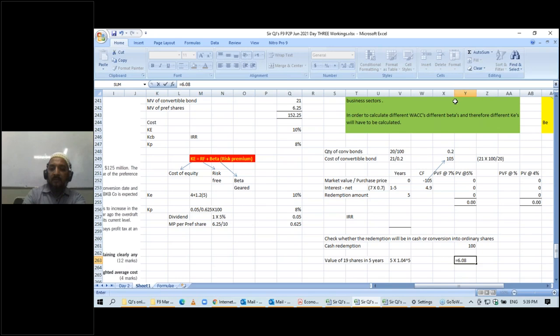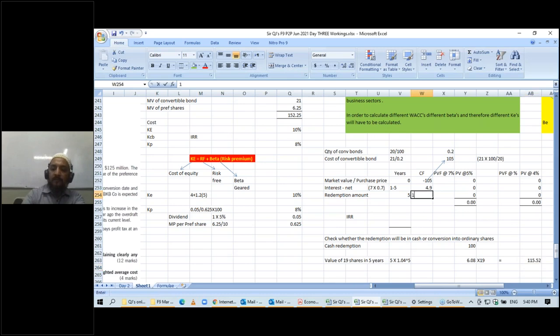So that's the price. So the value of the convertible bond, if multiplied with 19 ordinary shares, becomes $115.52.